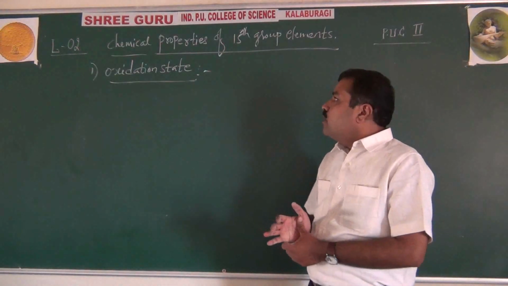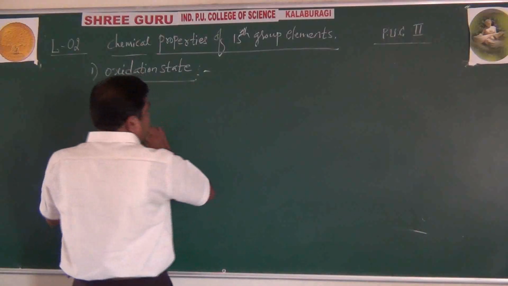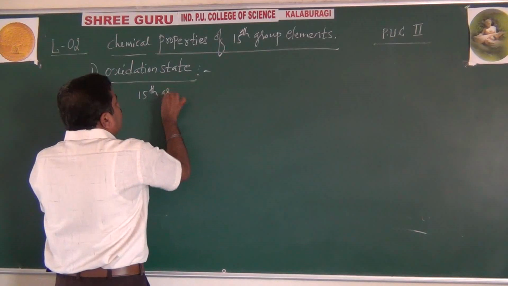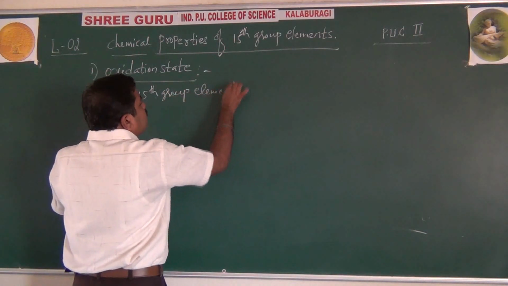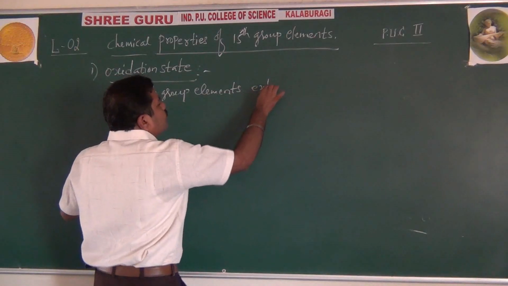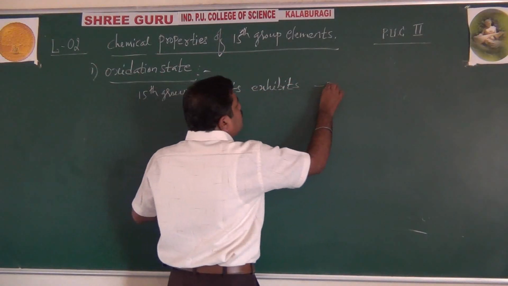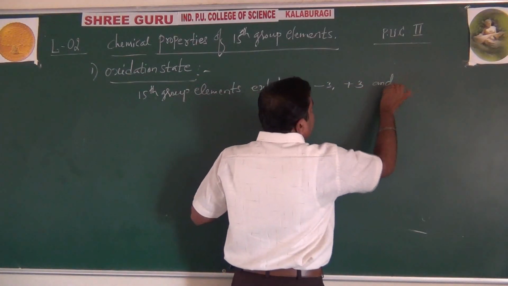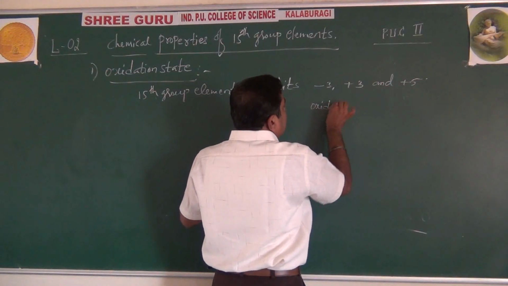Now these 15 group elements, nitrogen, phosphorus, arsenic, antimony and bismuth, generally exhibit -3, +3 and +5 oxidation states.